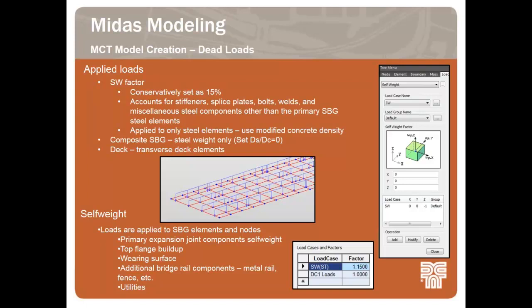In Midas, it's not possible to only apply a self-weight definition to a certain material type, so this was a workaround method. The deck self-weight was captured with the transverse deck elements, so in order to avoid double counting the deck weight, the density ratio in the steel box girder section definition was set to 0.